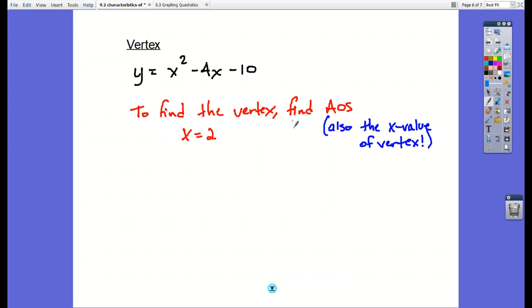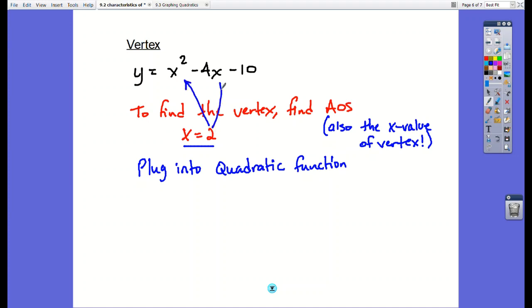So to find the vertex, we first find the axis of symmetry, which is x equals 2. Then simply plug that into the quadratic function up above, right? Whatever that function is. So in our case, wherever we see an x, we're going to replace it with a 2 for this particular problem.